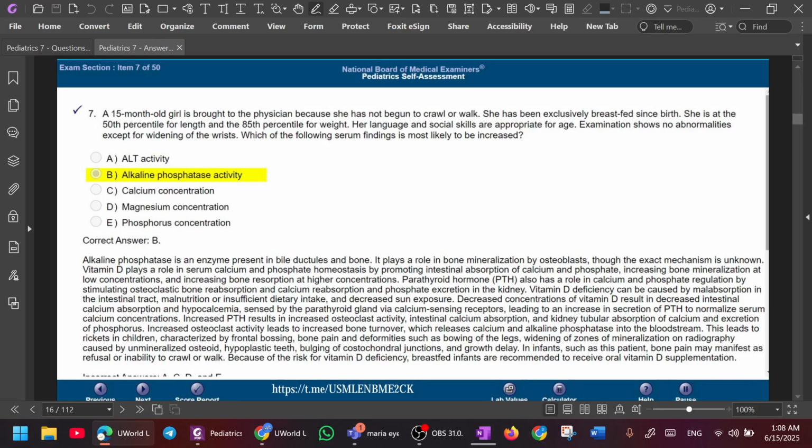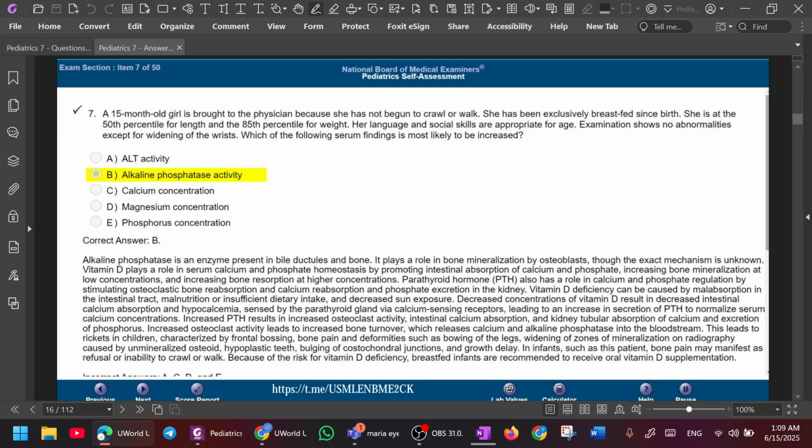Increased PTH results in increased osteoclast activity, intestinal calcium absorption, kidney tubular reabsorption of calcium, and excretion of phosphorus. Increased osteoclast activity leads to increased bone turnover, which releases calcium and alk phos into the bloodstream.